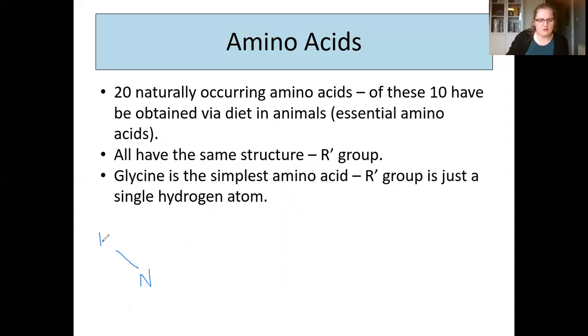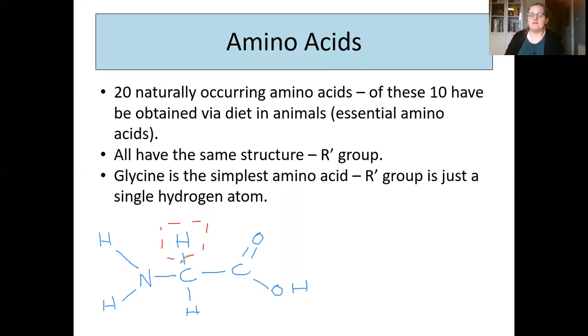So we've got our nitrogen with 2 hydrogens coming off it to make our amine group. Carbon in the middle, go into another carbon, make our carboxyl group over here. And then what would normally be our R variable group for glycine is just a H. So that is just a hydrogen. So that makes it glycine.